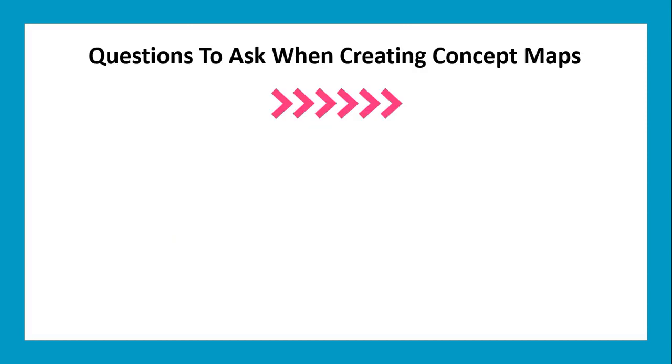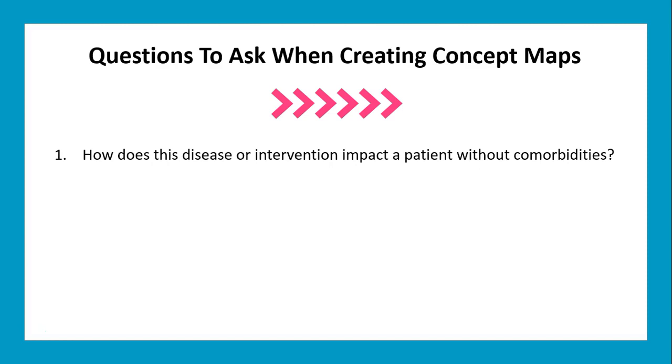First I want to cover the 4 questions to ask when you create concept maps. The first is, how does this disease or intervention impact a patient without comorbidities? If you're not familiar with the term comorbidity, it just means that there is something else going on with the patient, another disease or another disorder, meaning that there are 2 or more co-disorders that the patient has.